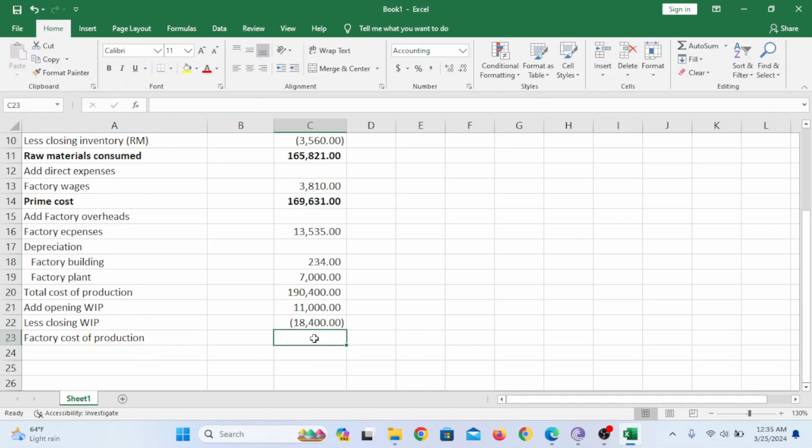So you adding the total cost of production plus opening work in progress less closing work in progress there. So that is giving me 183,000.